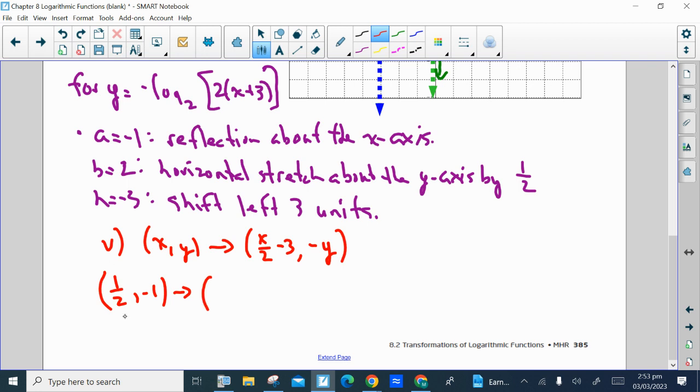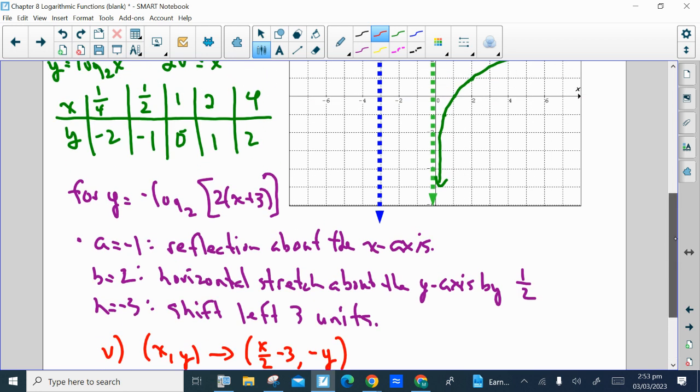I'll multiply the x value by 1/2, which will give us 1/4. And then I will subtract 3. So 1/4 take away 3 would be 1/4 take away 12 quarters. That's negative 11 quarters. And the y value is multiplied by negative 1, so that'll become positive 1.